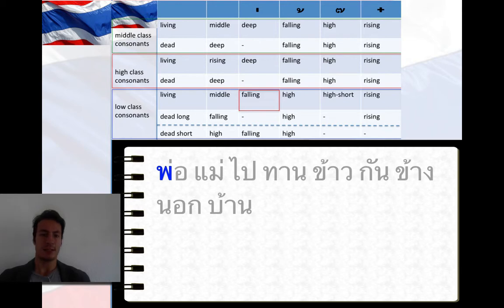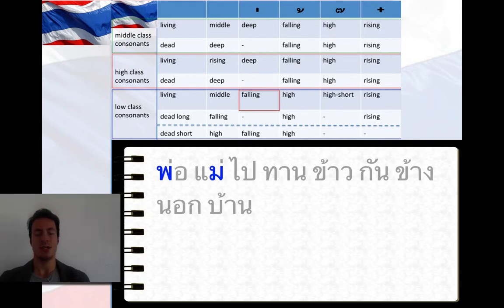Let's do the exact same thing for the second syllable or second word, just a little bit more quickly. Blue means low-class consonant.